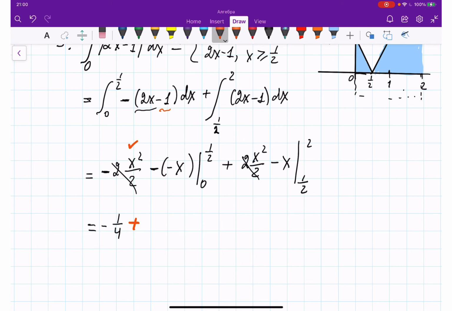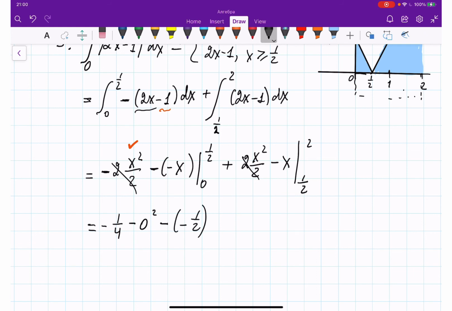Well, I'm not putting 0 because 0 to the power 2 is going to be 0. And then we are going to have, I can get rid of this one. Okay, 0 squared, and then minus negative 1/2, right?